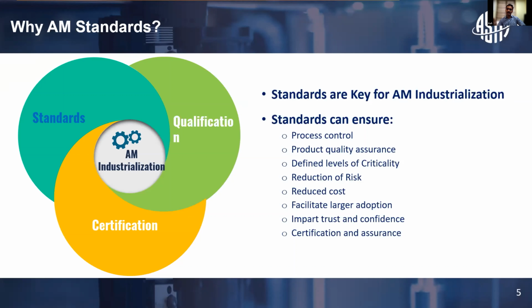So standards play a key role in helping these organizations to certify the parts produced using additive manufacturing. So this is the reason why we need standards, even though it is a long process, to make sure that all of us are on the same page and all of us are following the same procedure when we produce parts using additive manufacturing.